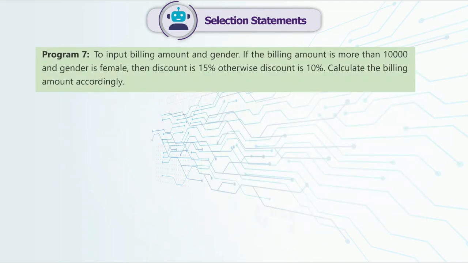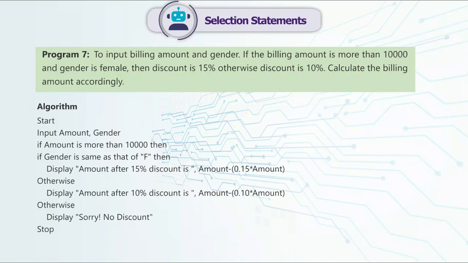Program 7. To input billing amount and gender. If the billing amount is more than 10,000 and gender is female, then discount is 15%. Otherwise, discount is 10%. Calculate the billing amount accordingly. Algorithm. Start. Input amount, gender.